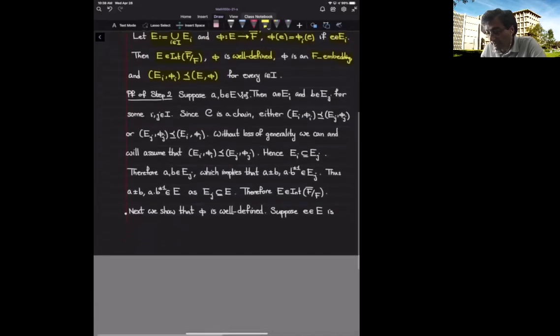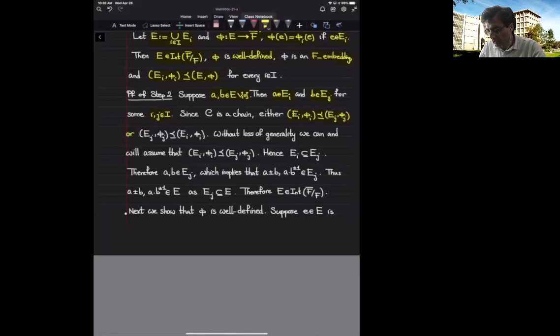Let's start with proving why the union of E_i's is a field. Let's pick two elements a and b inside E. That means they are in the union of E_i's, so a belongs to E_i for some index i, and b belongs to E_j for some index j. Without loss of generality, since we are dealing with a chain, (E_i, φ_i) is at most (E_j, φ_j), or the other way around.